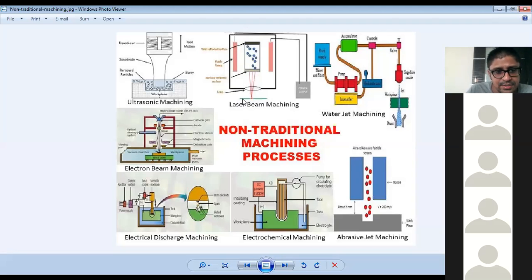When we apply heat and subsequently change the phase of the material, a lot of thermal stresses develop in your component.